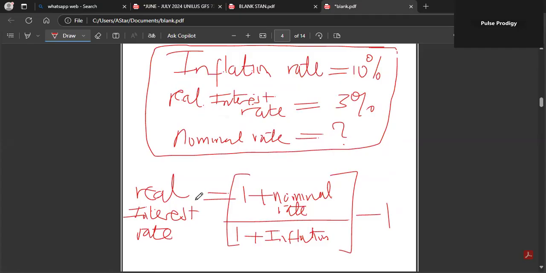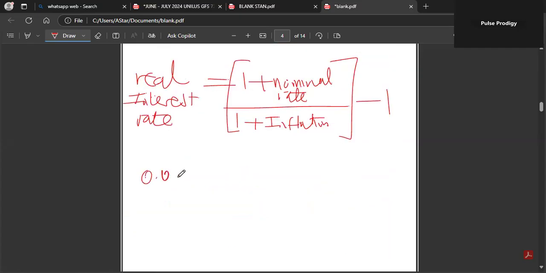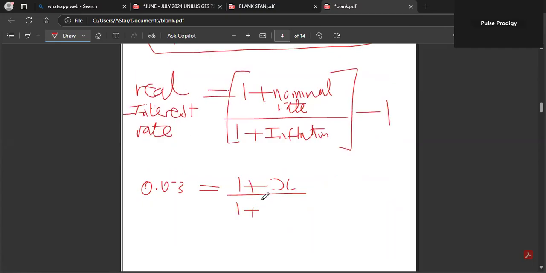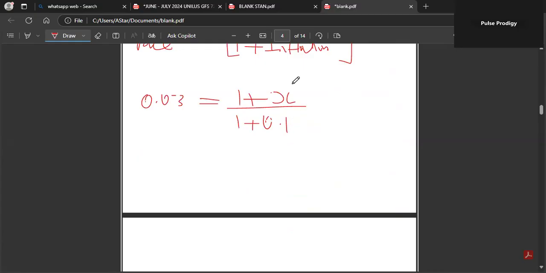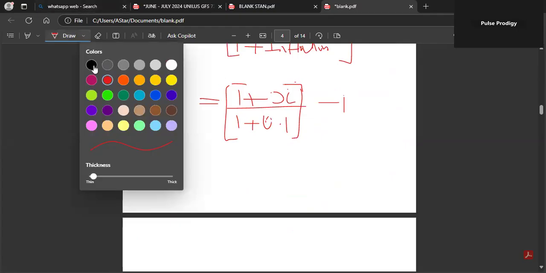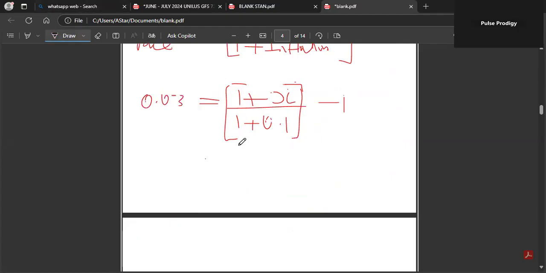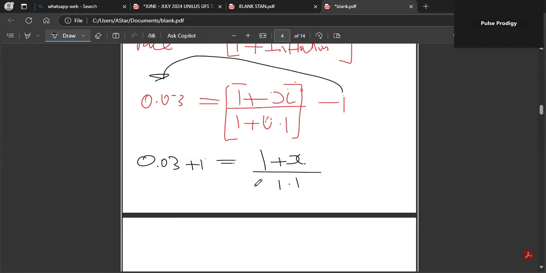So the real interest rate is still 3%, 0.03, which is equal to 1 plus x over 1 plus the inflation rate, 0.1, altogether minus 1. I'm sure you're following. So it will be 0.03 plus 1. This one goes the other side, which is equal to 1 plus x over 1.1.